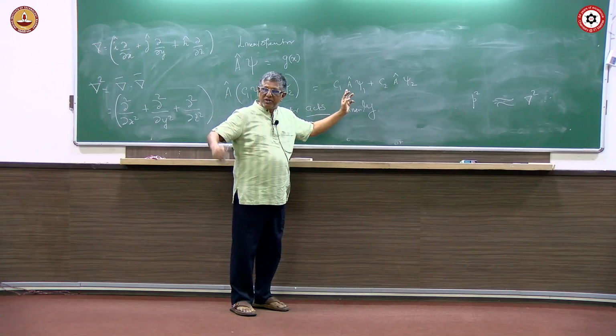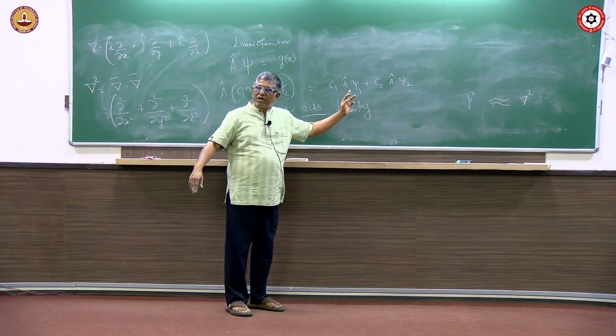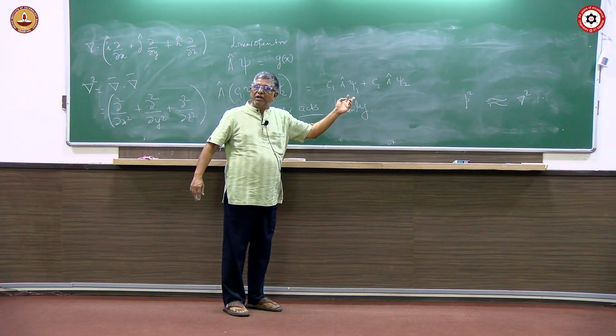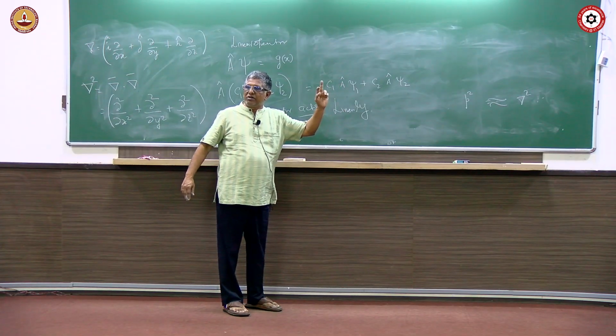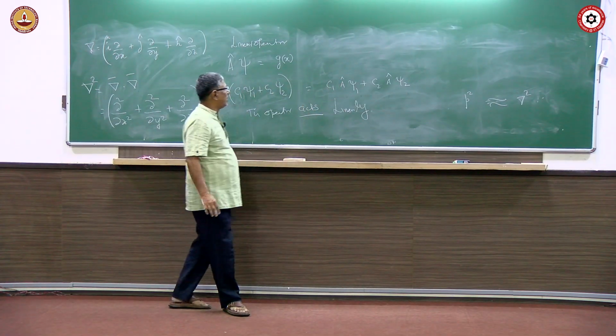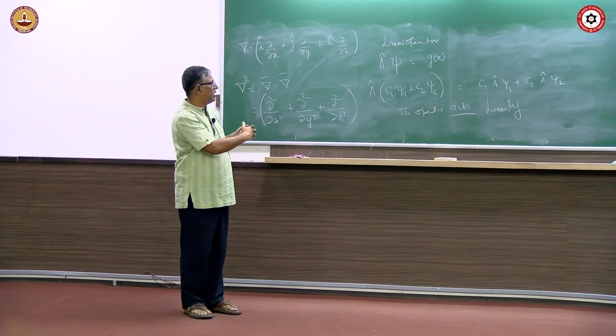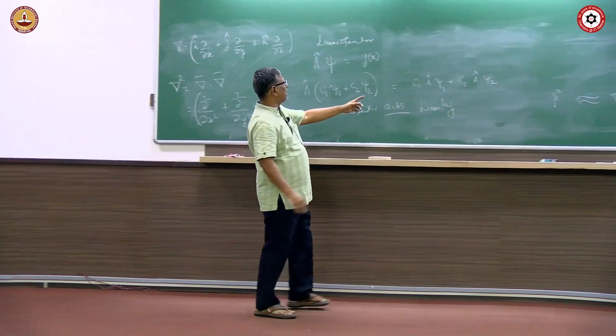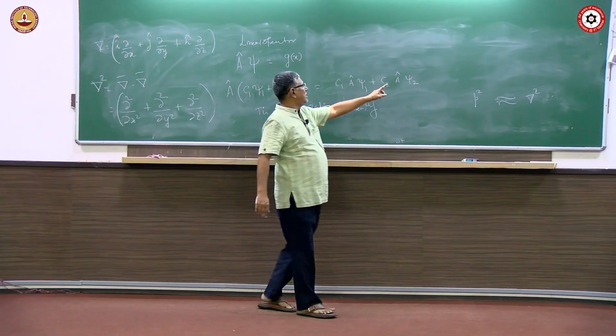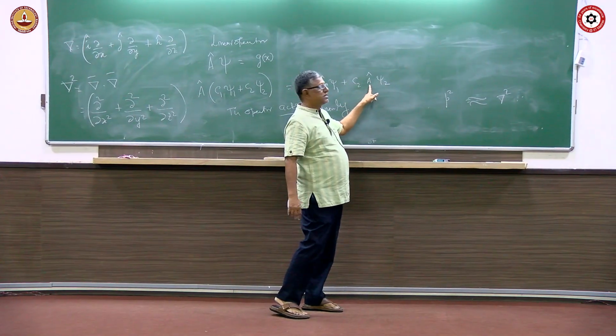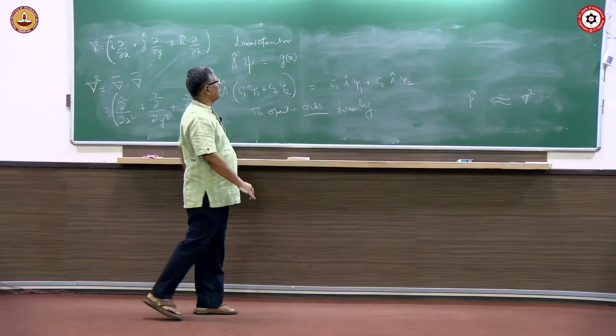We have seen in differentiation that d by dx of 4x is 4; the 4 will come out and you will have only d by dx of x, therefore it is 1. Something similar to that, C1 will come out in the scalar multiplication. Only this operator A acts on psi 1 and psi 2, therefore it operates linearly.